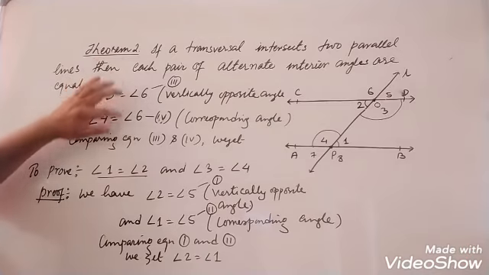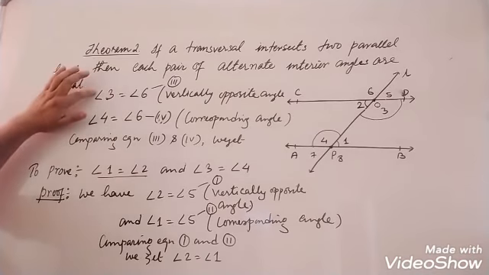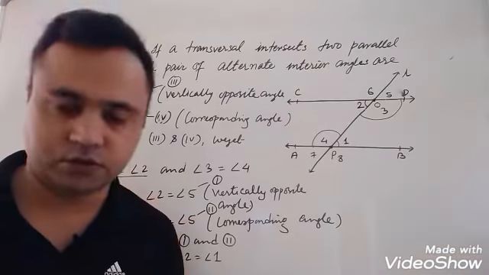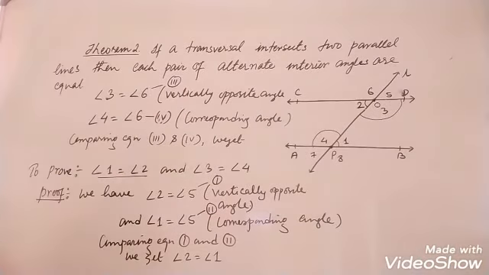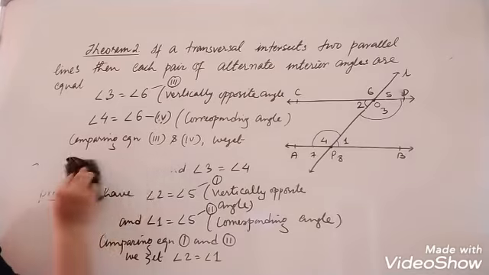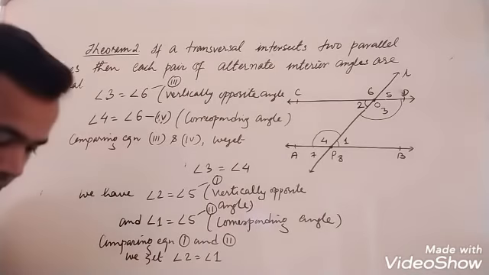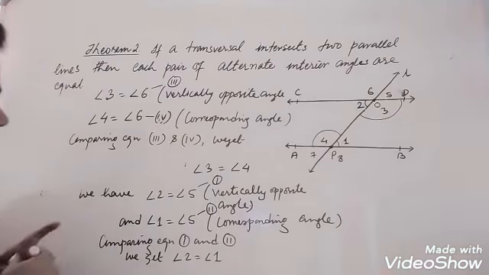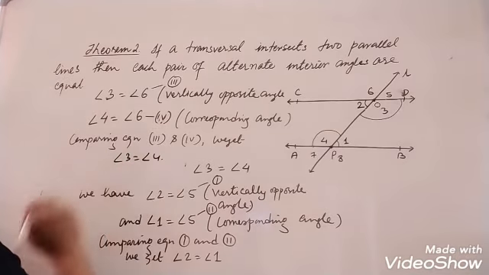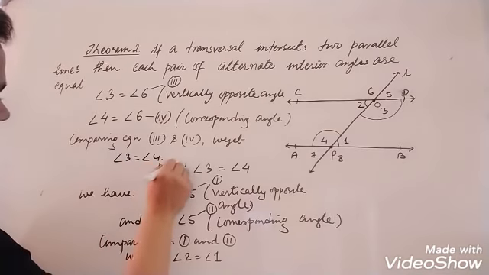If the right hand sides are equal, then the left hand sides will also be equal. So we get angle 3 equals angle 4. Proved.